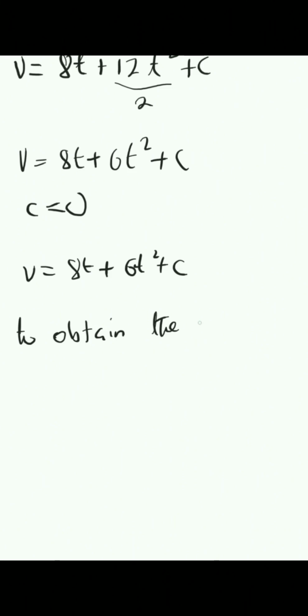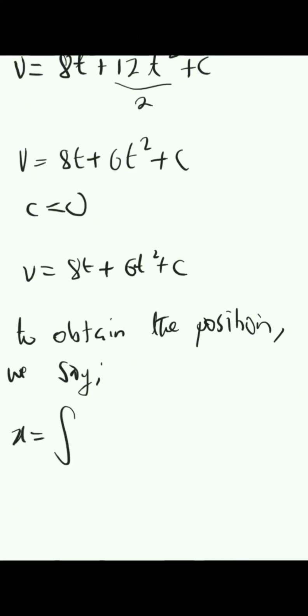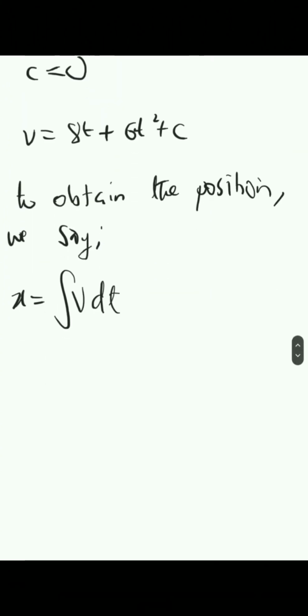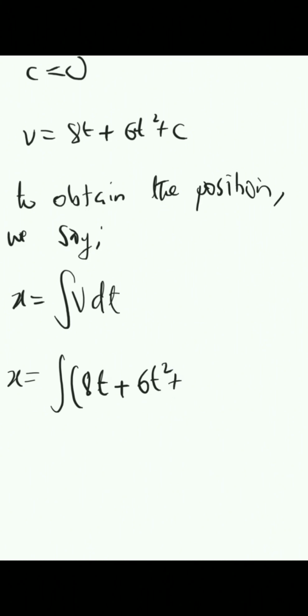So to obtain the position from velocity, we're going to simply integrate again. So we say x will be the integral of what we got for the velocity, with respect to time. Now this will be the integral of 8t plus 6t squared.